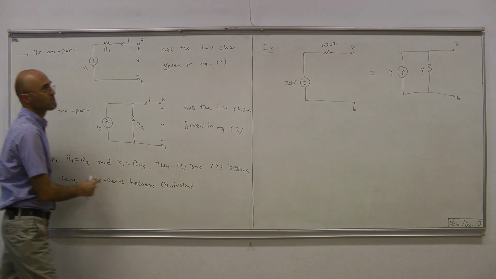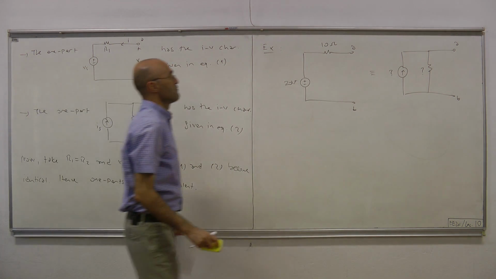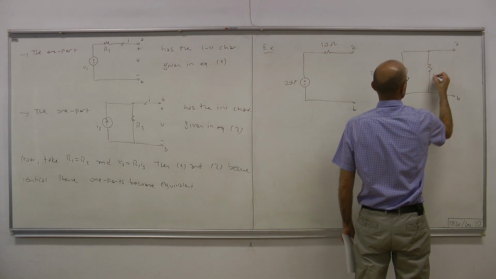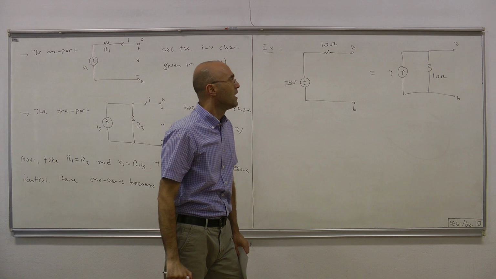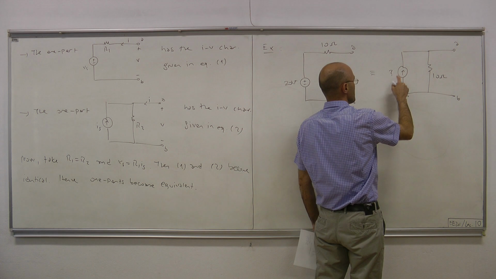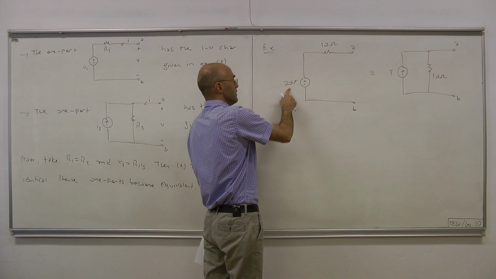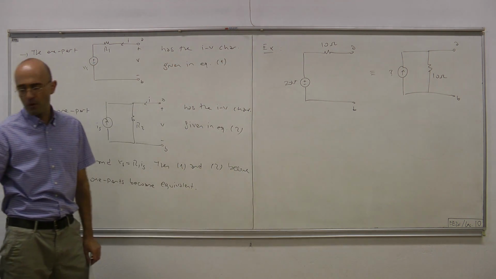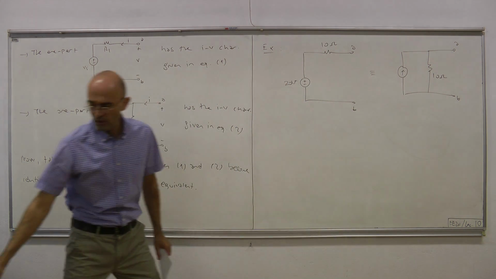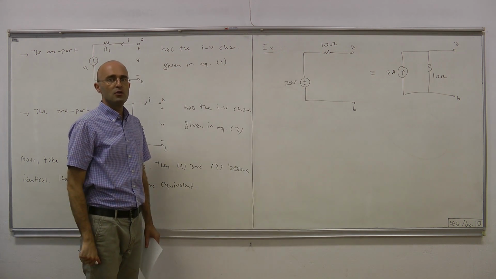Choose the resistance here the same as the resistance in the first one port, 10 ohms. And then choose the current such that the current times the resistance gives you the voltage that's in the first one port. Therefore, the current must be a constant current of 2 amps.